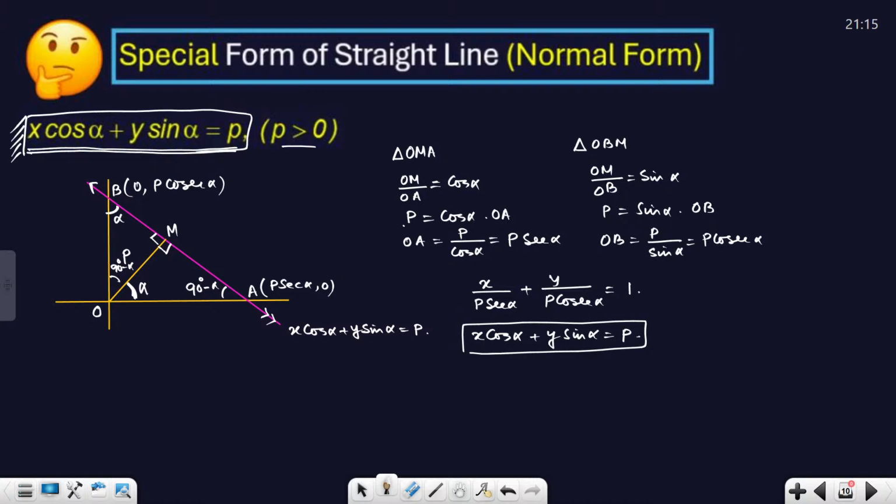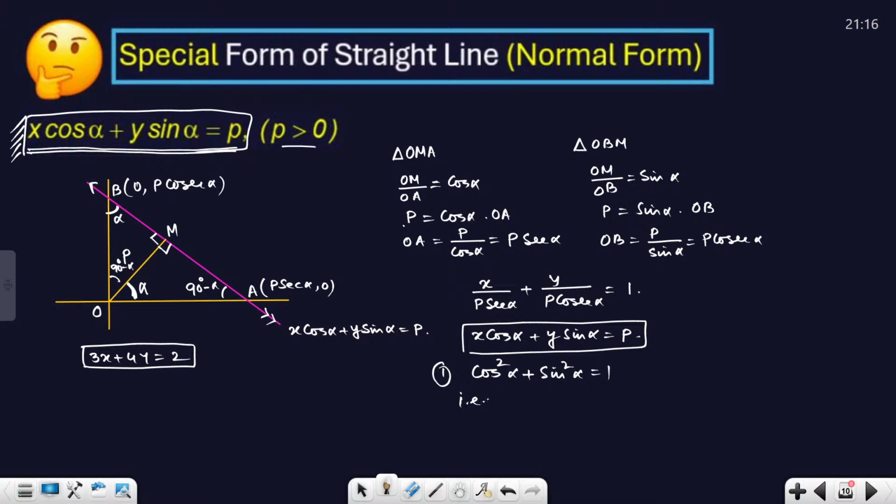Now, a very common question can come. Suppose we have been given a line, say 3x plus 4y is say 2. Now my question is, is this a normal form? How will we understand that it is a normal form? Two things you must remember. Number one, it will be a normal form if cos square alpha plus sine square alpha comes to 1.